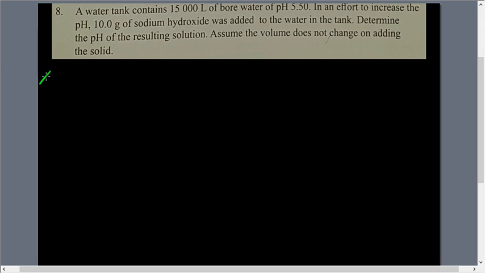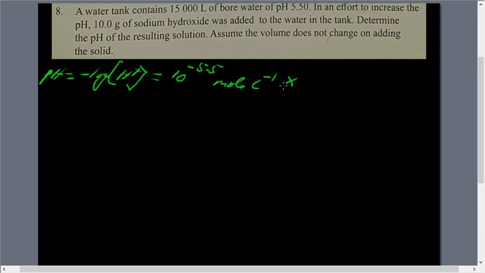We know that pH equals negative log of the hydrogen ion concentration, which equals 10 to the minus 5.5. This is moles per litre, but to know the number of moles that we have, N equals moles per litre times volume, or if you like, N equals C times V, as we have seen before.